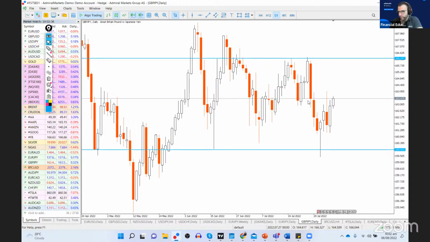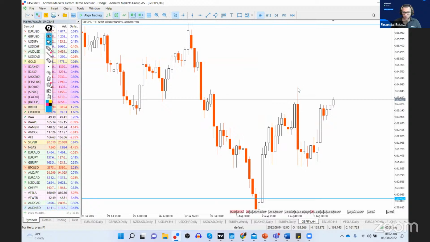So here on the daily chart, we don't have any clarity. On the 4-hour chart, when this high is going to be taken out, we can use this area as a possible area for retracement before we initiate longs.